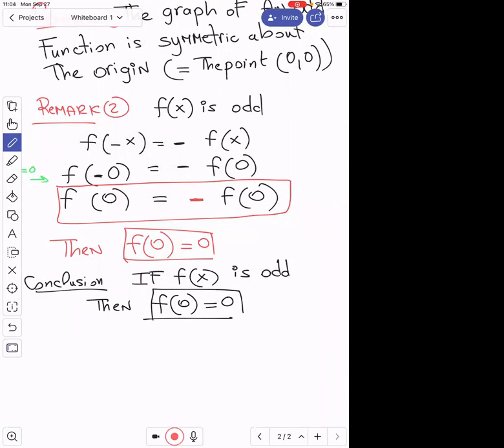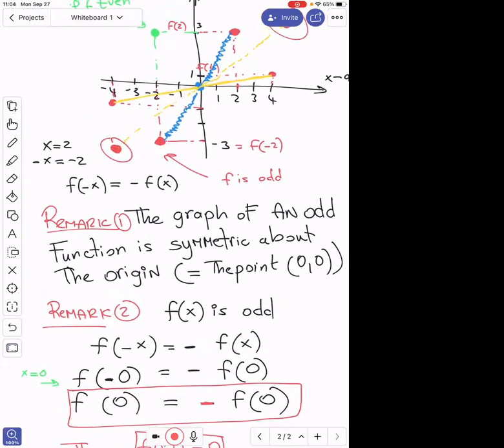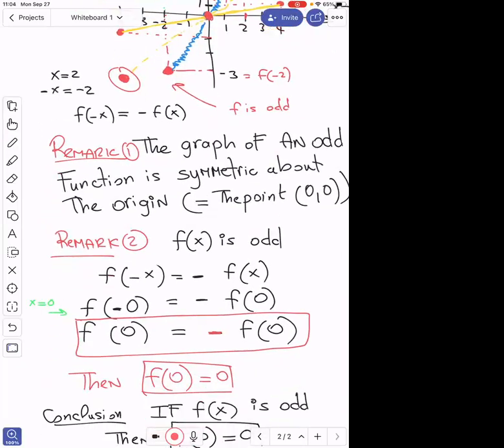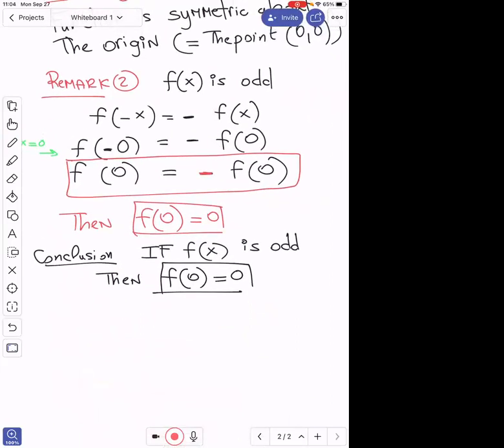Like here in this graph of f, because my function f is odd, f of 0 is just 0. All right, guys, so let's do one example.